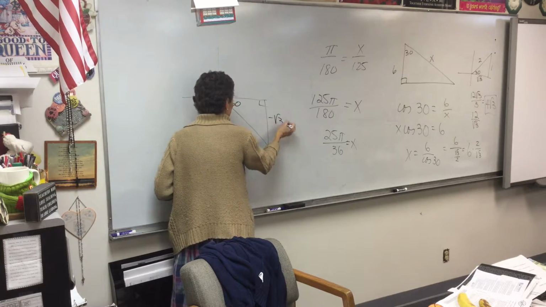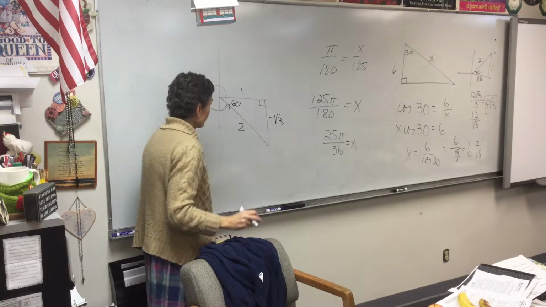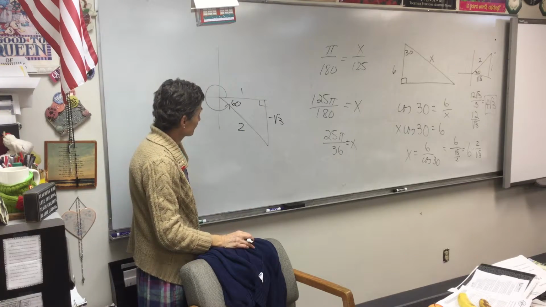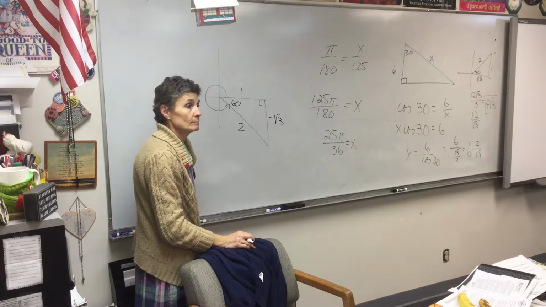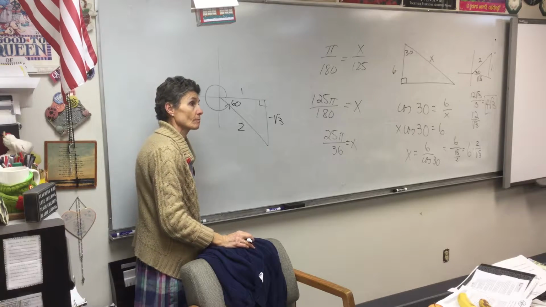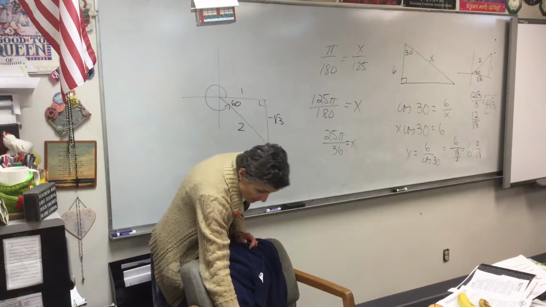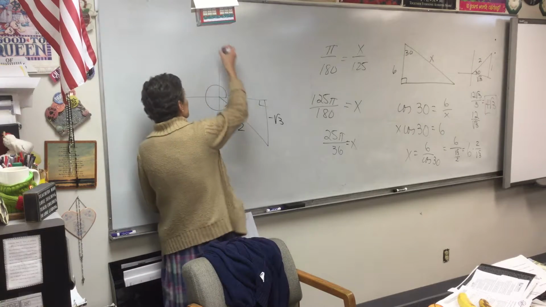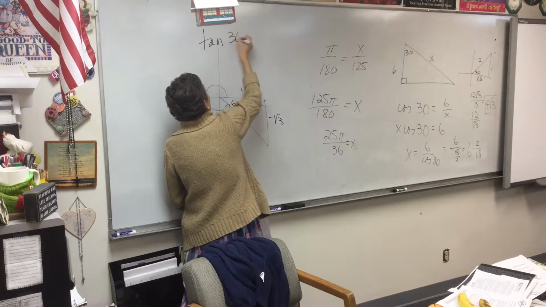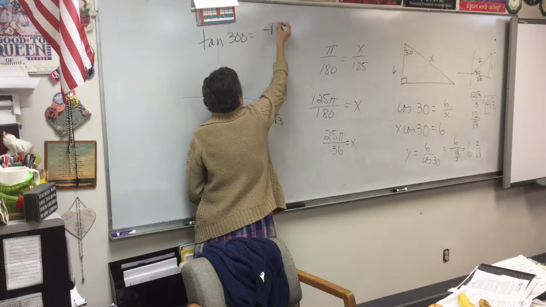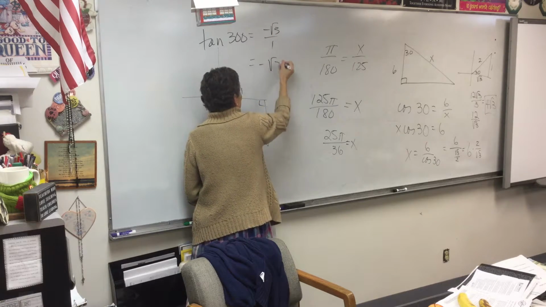So then negative root 3, a 1, and a 2, if I got that thing labeled right. And what do I want? Tangent. What's tangent? Opposite over adjacent, so negative root 3.